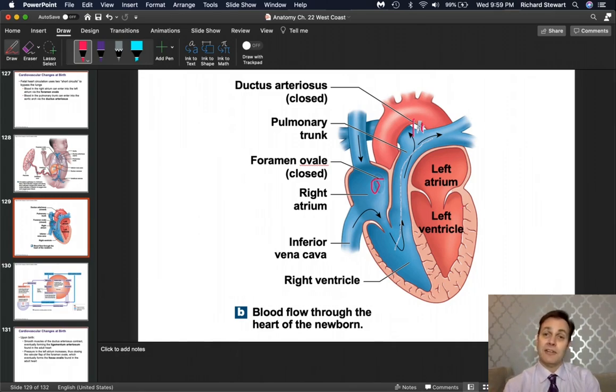So with a patent ductus arteriosus, where this doesn't close, blood doesn't go to the lungs to get oxygenated. Atrial septal defect is going to be a hole between the atriums, and that is another common one. These are two heart murmurs. These are your blue babies. Because the blood doesn't go to the lungs, it bypasses the lungs still, like it's in the womb. Because in the womb, there's no air.